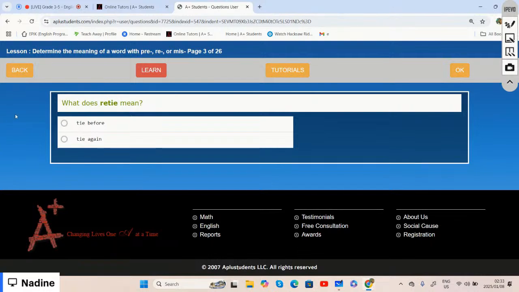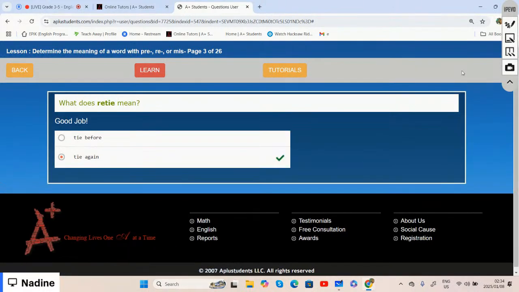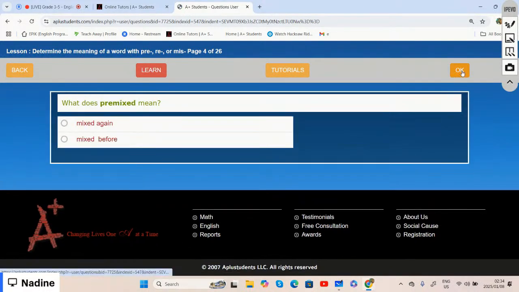And remember, we said retie is to tie again. Remember, we said that the word re means again. It's like anything again. If we use the word pre, then pre means before.